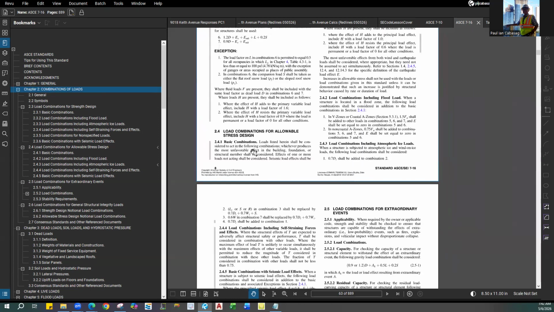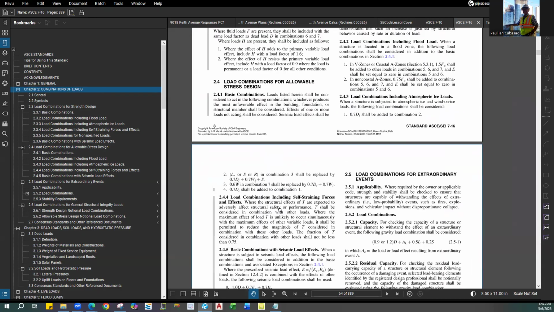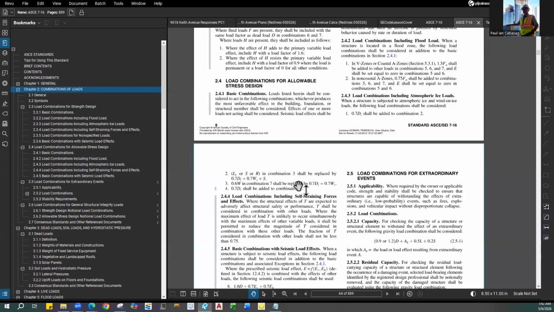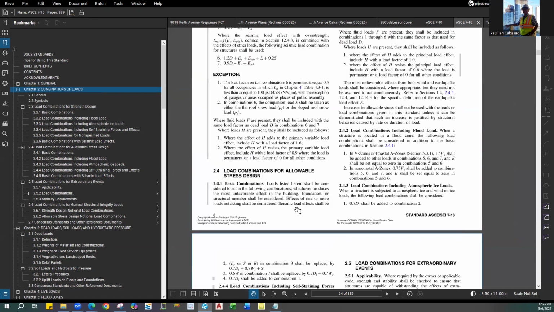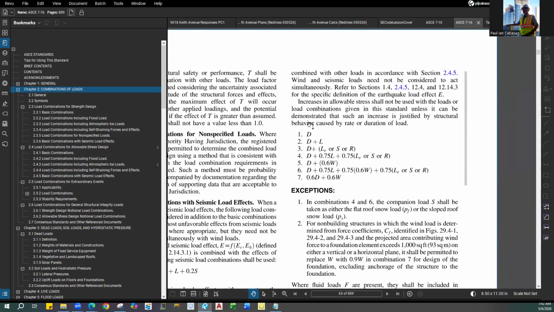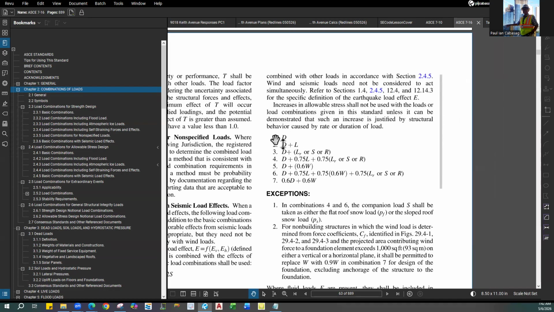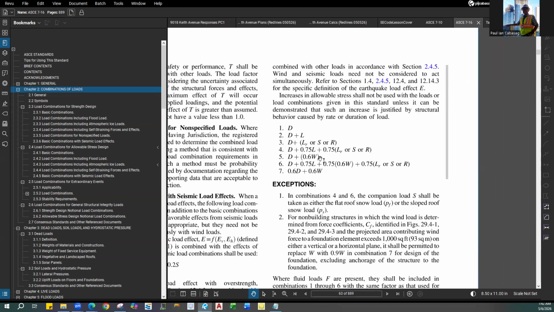So if you look at 2.4 first, this is the allowable stress design, and you're going to see the main code load combinations right here, meaning combinations 1 to 7. If you have a dead load as your only building load, then that's the only one you have to include in your calculation.